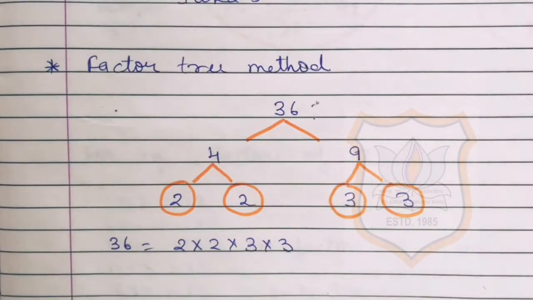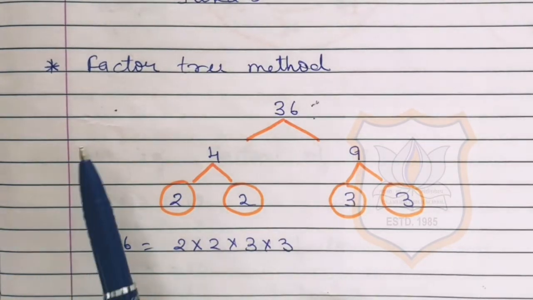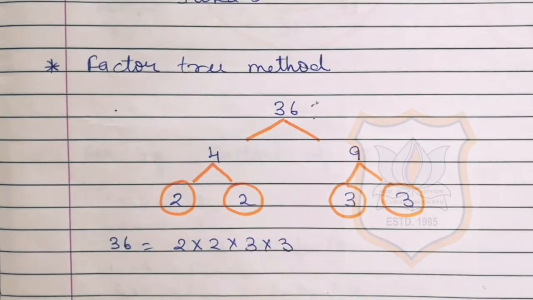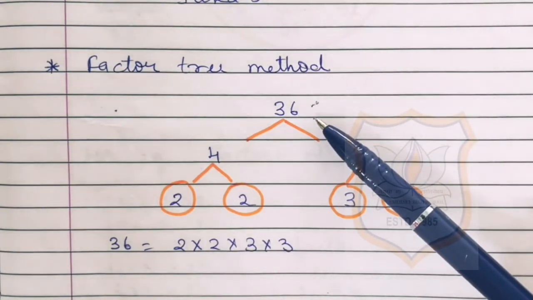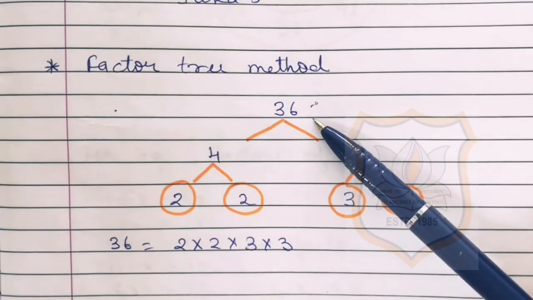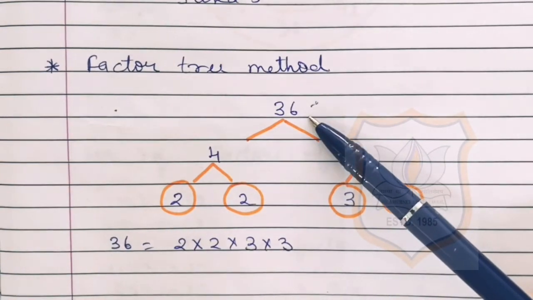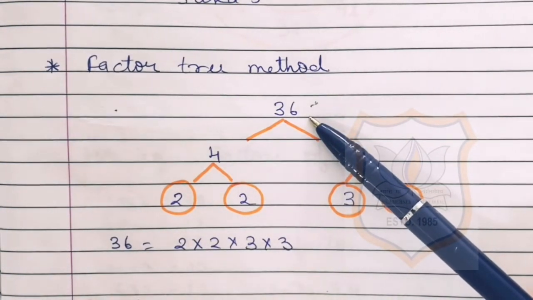Now students, the next method to find the prime factors of any number is the factor tree method. In the factor tree method, we have to follow certain steps. For example, we are taking the number 36 and we have to find the prime factors of this number. So first we write 36 here. We consider 36 as the root of the tree.